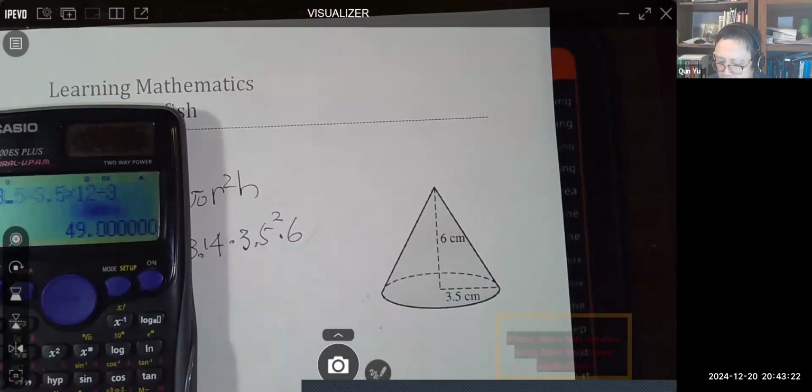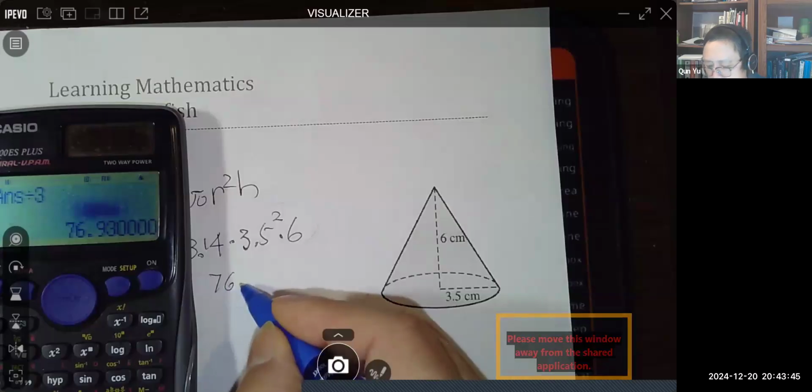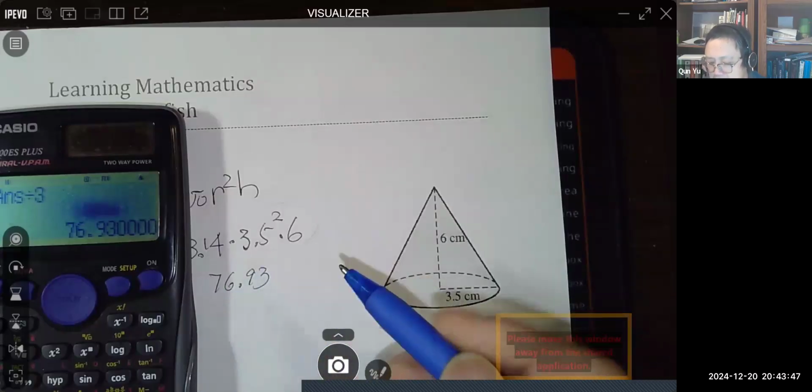So 3.14 times 3.5 square times 6 equals, then divided by 3. 76.93. I'm going to redo this just to double check if this is okay.